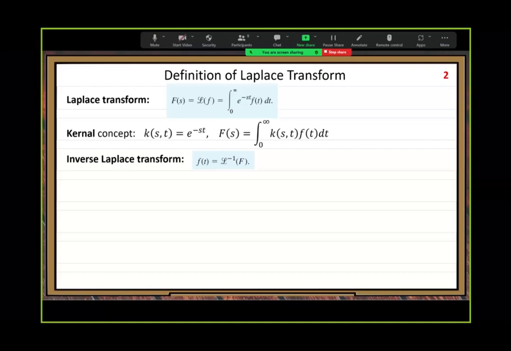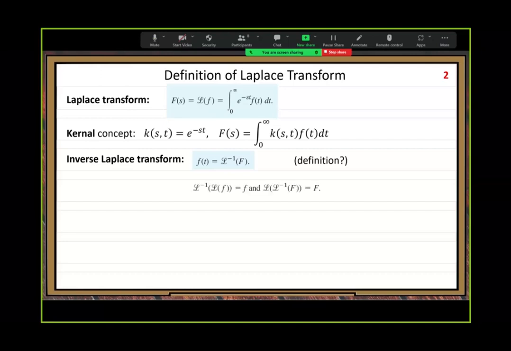To do the inverse, we look at the right column first. When we apply the inverse Laplace transform on the right column, we get a left column function. We just look it up in the table. So the definition is not explicit, it's hidden.